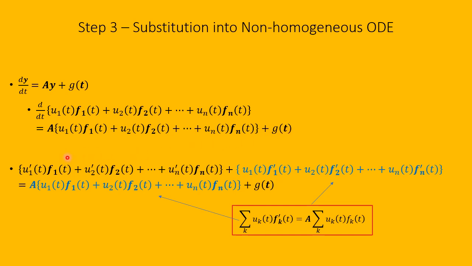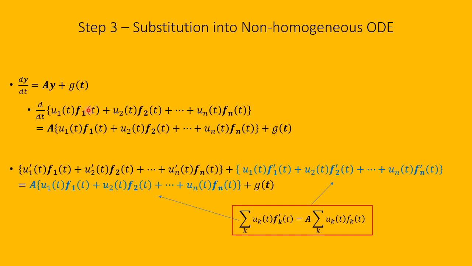So we look at this and see what we can do. First of all, let's look at the derivative with respect to t of this stuff. We need to take the derivative with respect to t of this product of functions of t plus this product of functions of t, and so on. So we'll have to use the chain rule. We'll have to use the product rule to do that.